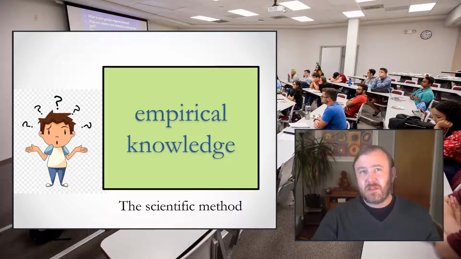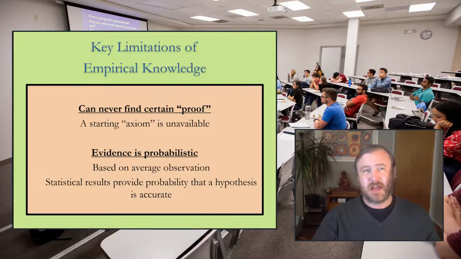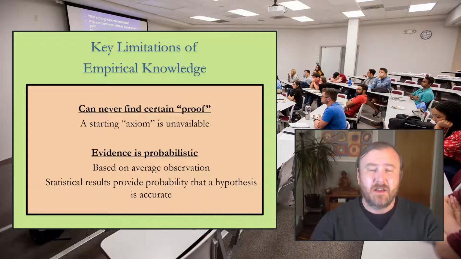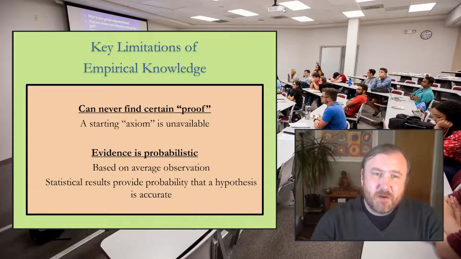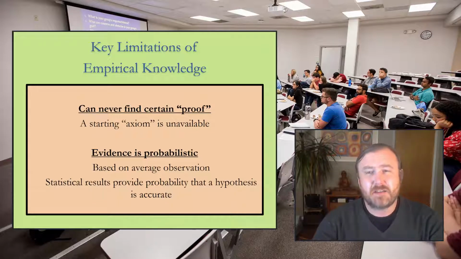So one important thing that I want to be loud and clear about out of the gate in this class is that when we're using an empirical method, we never claim to find something with proof. We don't prove things in science, right?